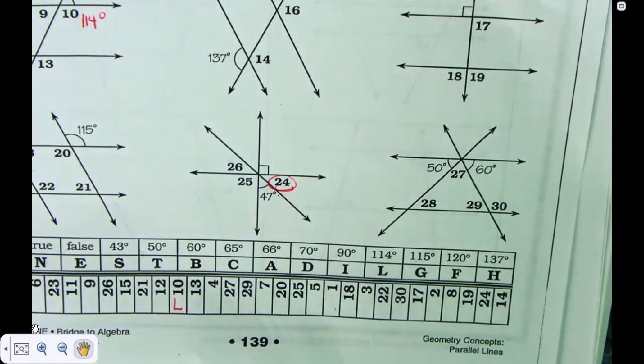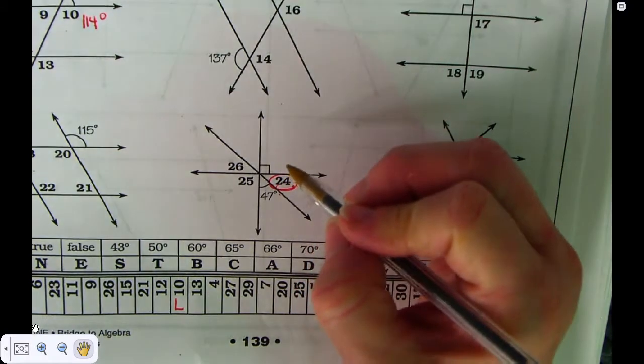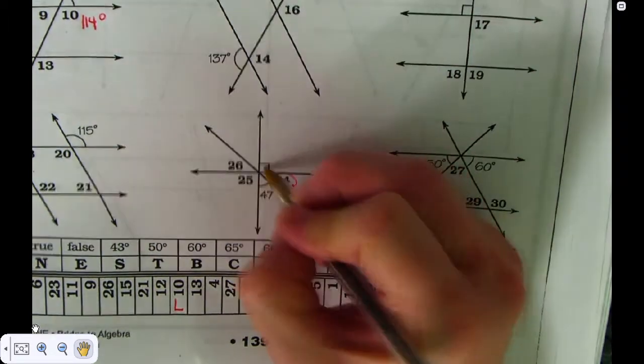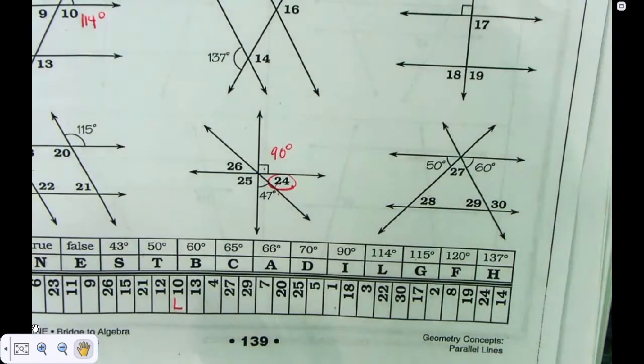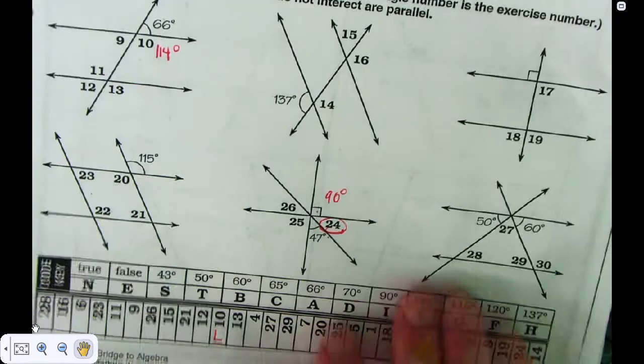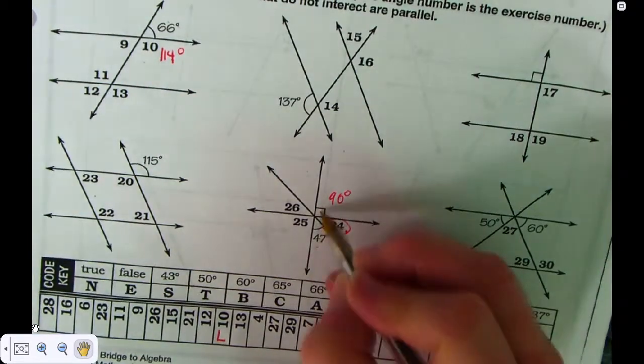How'd they get 43? I just did one on the other paper, and you promised me you understood that. Not one person had a question. This is 90 degrees. We just did one on the other paper. I drew it a little differently. Look, guys, right there. We already did one. So these two, that's 90.